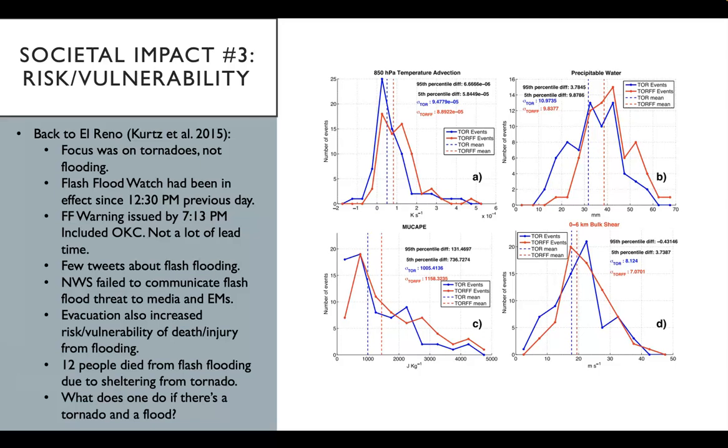There was a group of 7 and a group of 5, and they all died because they were sheltering from the tornado, and the floodwaters rushed in and they couldn't get out. So what does one do if there's a tornado and a flood? Couldn't tell you. So, by the way, that was our societal impact number 3, risk and vulnerability. The last 2 slides, sorry, I forgot to mention that.